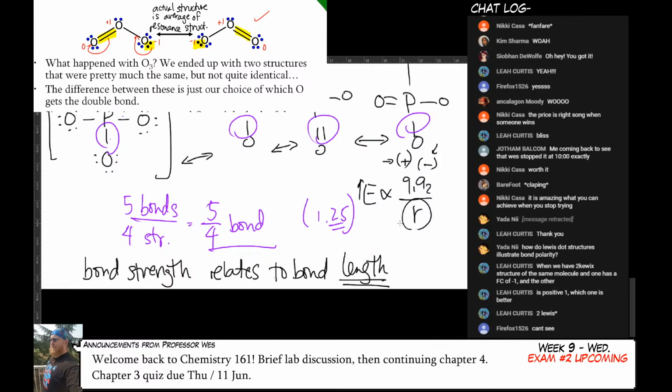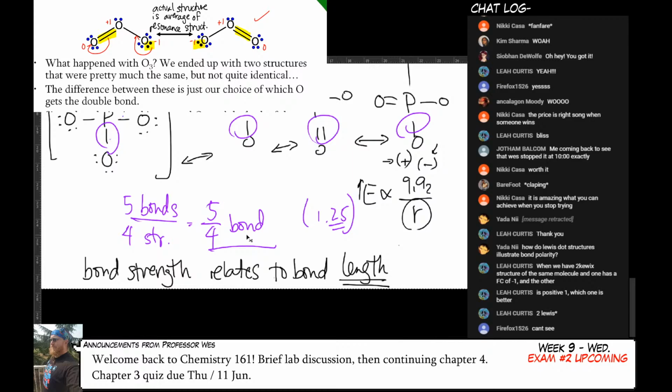So what this means is that if I have a single bond, that's the least amount of attraction because I have the least number of electrons there. So R is going to be really big for a single bond. So single bonds are long. I'll write this somewhere else, actually.